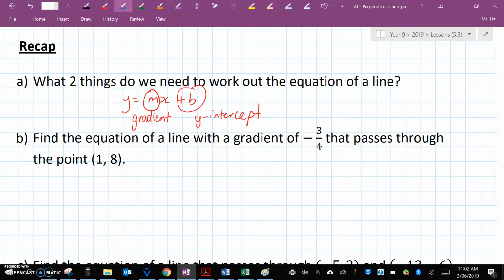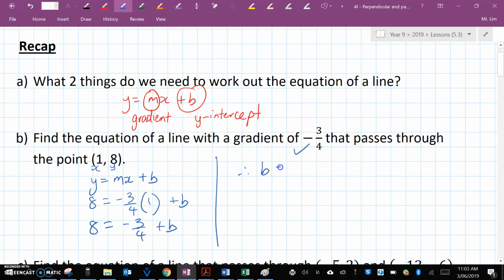So in question B, find the equation of a line with a gradient of minus 3/4 that passes through the point 1, 8. We have the gradient, but we don't have the y-intercept. So we have our formula y equals mx plus b. We label this x, label that y. Y is 8, m is minus 3/4, x is 1, and now we can work out our y-intercept. 8 equals minus 3/4 plus b.